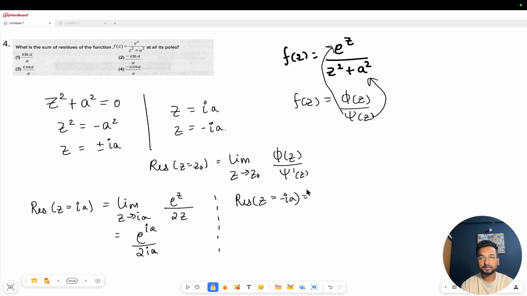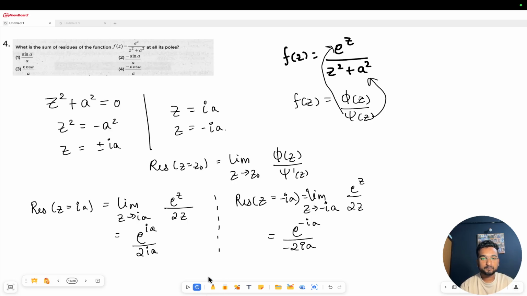So here limit z tends to minus iota a, e to the power z upon the same differentiation, 2z. So you will get e to the power minus iota a divided by minus 2 iota a. Now you have to find the sum.